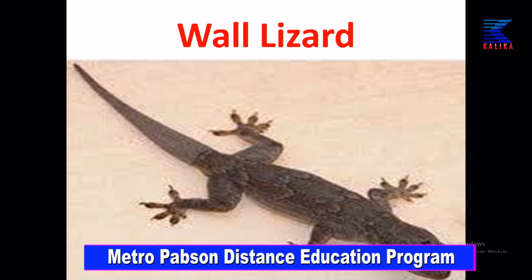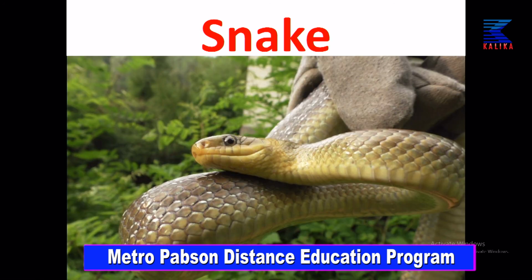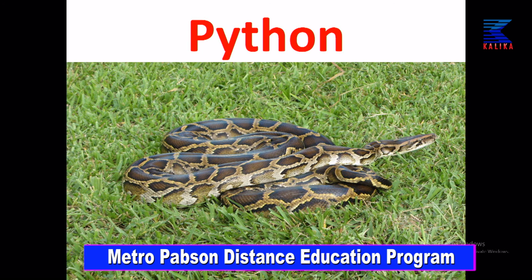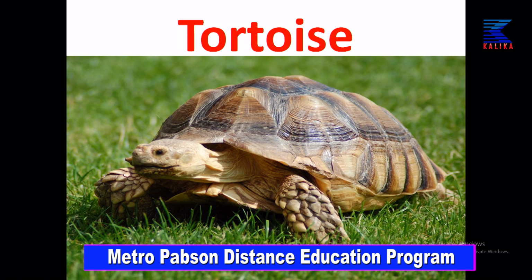Another, a wall lizard, it's very common in our house, on the ceiling, on the wall. Here is a Gharial crocodile. Gharial and mugger are a bit different. The Gharial has got a longer snout. And a snake, it's a python, very interesting. Mugger crocodile: the mugger has got a blunt face, and the Gharial has got a long snout.